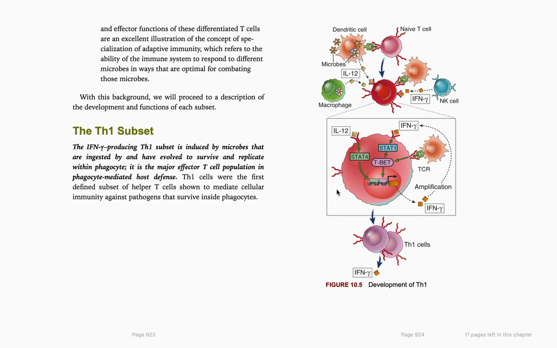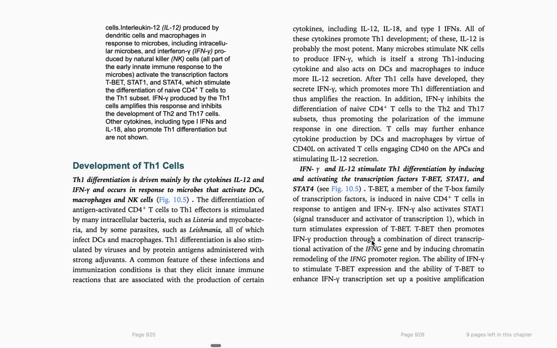So we have these cells now with Th1 characteristics with Tbet, STAT1, STAT4, and T cell receptor amplification. They are producing interferon gamma. The interferon is taken up again, and again keeps the cells proliferating.